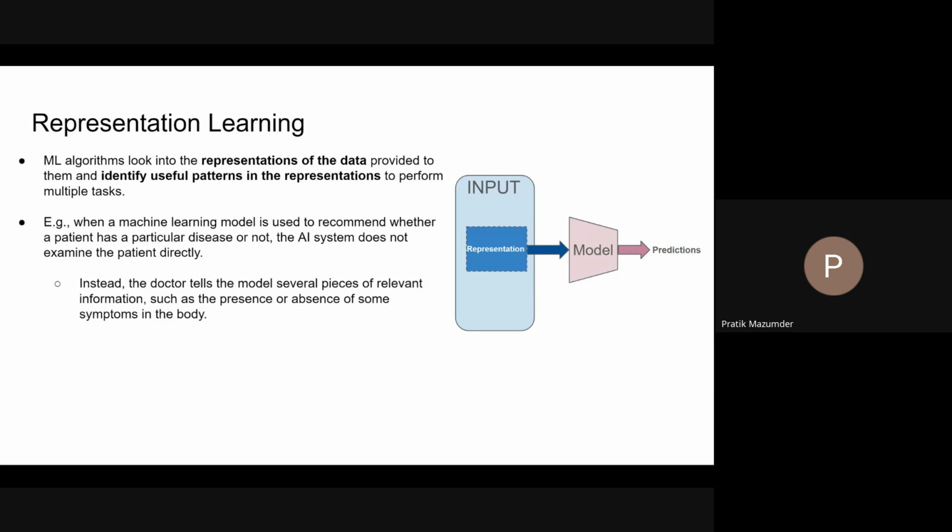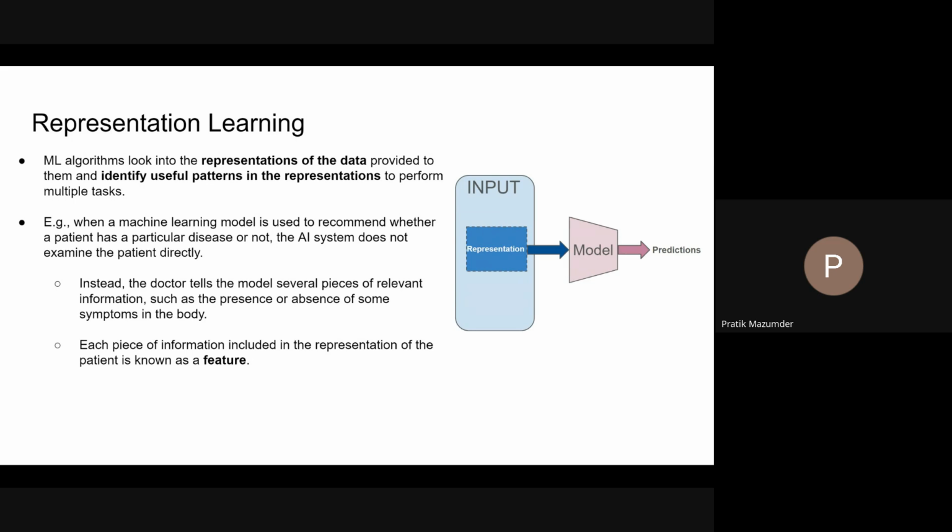Instead, you will have a doctor who provides the model with some pieces of relevant information, like whether the patient has some symptoms or not, whether the patient is already taking some medicines or not, and say the model maybe already knows a set of known side effects of current medicines and known uses of some medicines. Now, these pieces of relevant information that the doctor is feeding the model can each be considered as an important feature for this particular task.